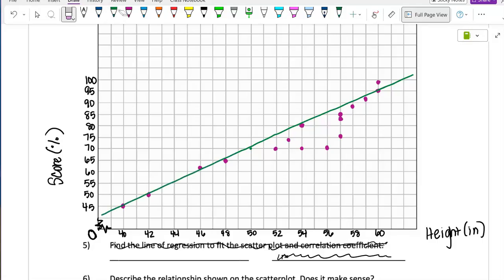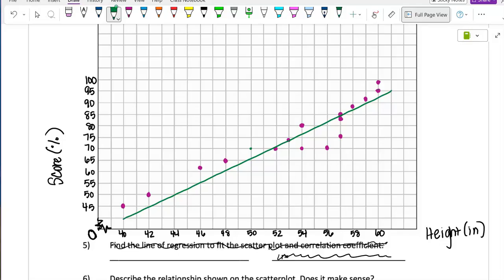Ooh, that one went a little high, huh? Okay, try that. Again, we don't want all the extra points to be above or below. This line should go through so that there's a mix of points through our data.